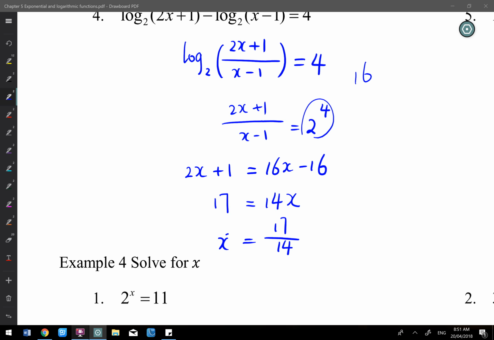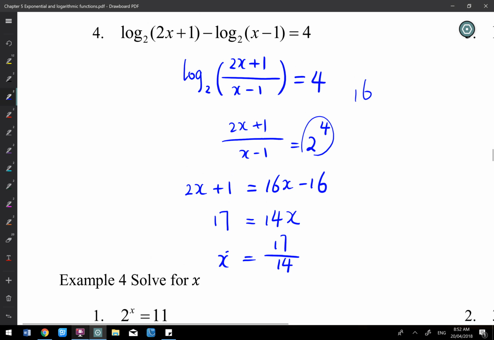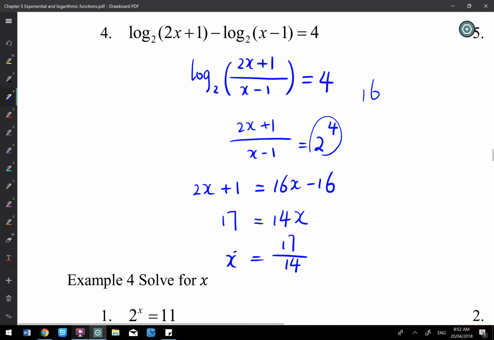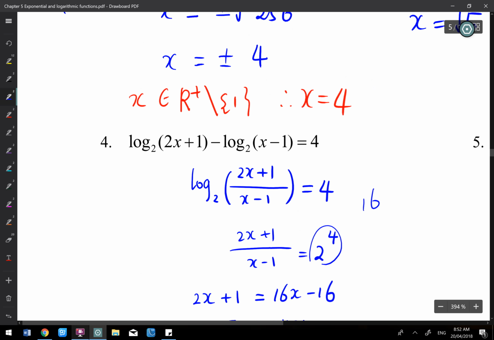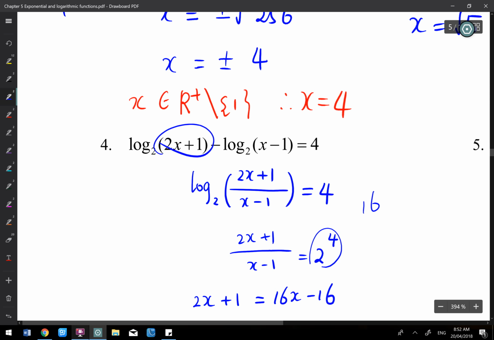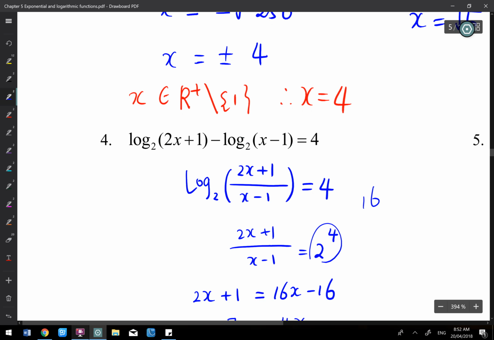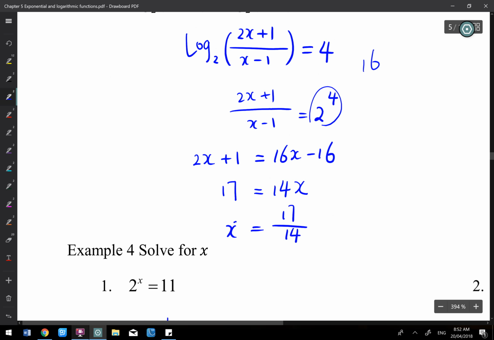Remember, we need to check your answer. So how should we check it? We sub 17 over 14 into the original, the top equation. So it's a positive number. When you sub into 2x plus 1, it's still positive. When you sub into x minus 1, it's greater than 0, still positive, which satisfies the domain. So this is a good answer. So we keep this answer.